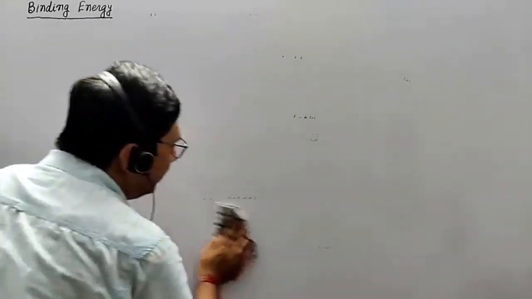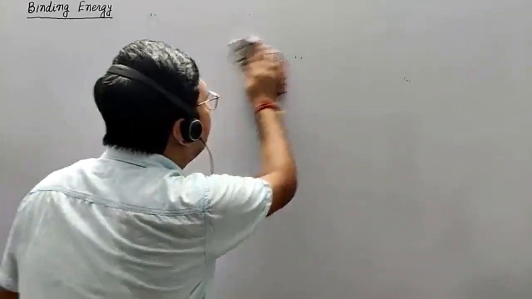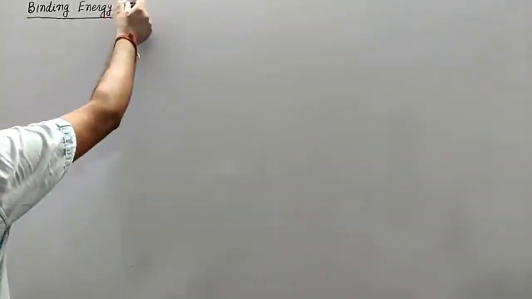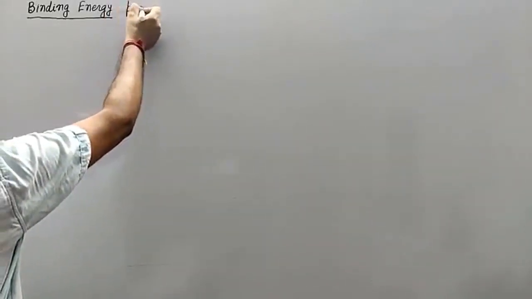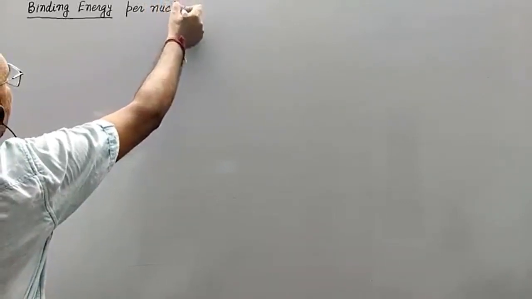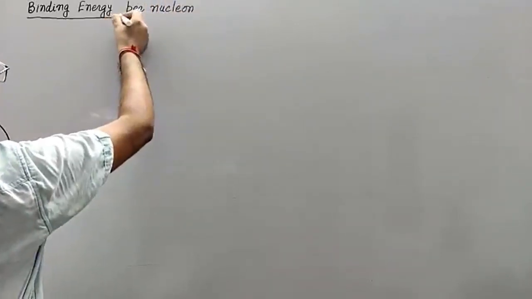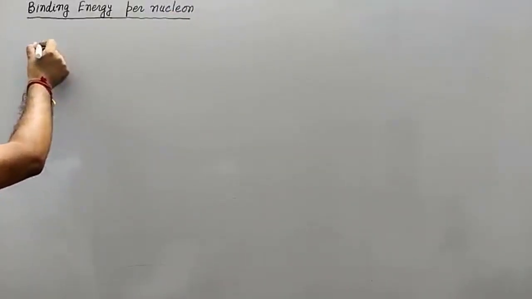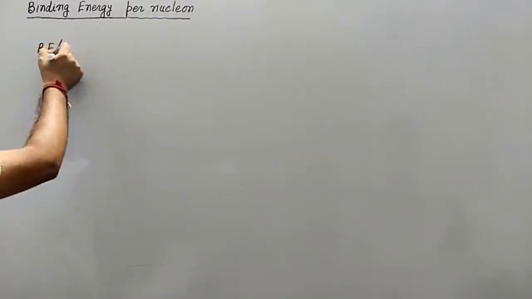So to compare the relative stability of two nuclei, we will use a new term known as binding energy per nucleon. What is binding energy per nucleon?